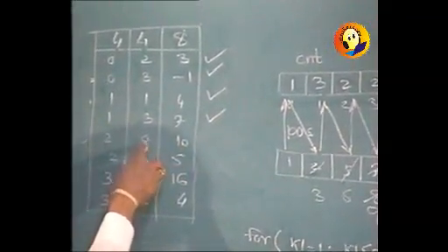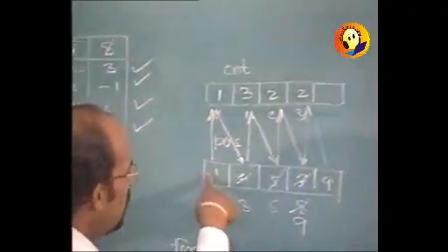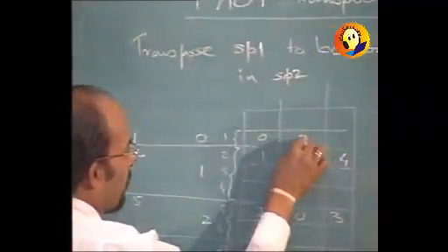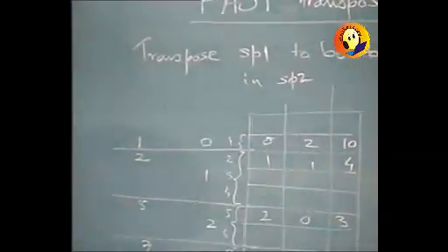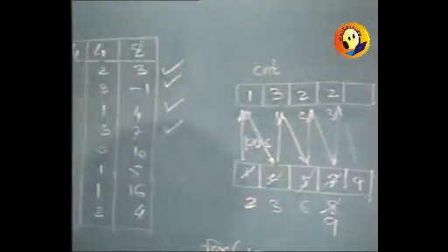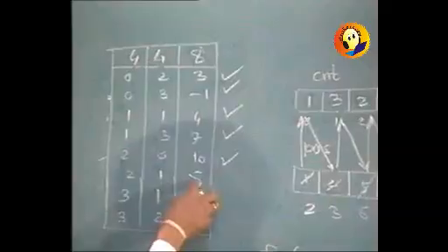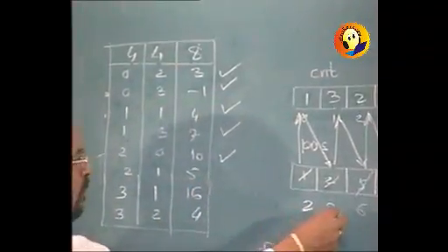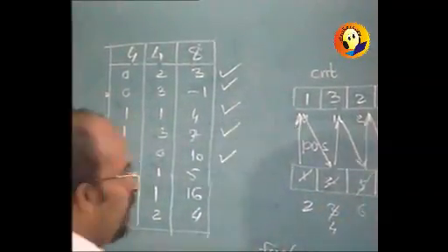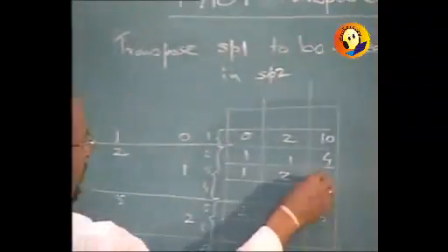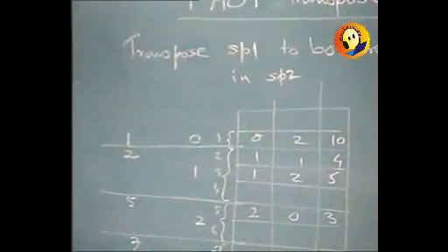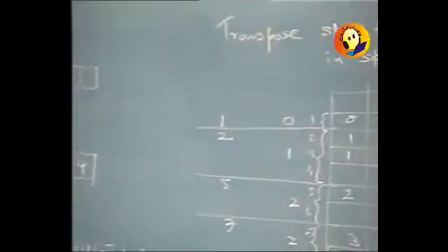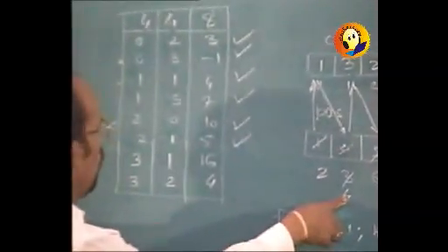It will be written as 0, 2, 10 at position 1. 2, 1, 5 at position 3, 1, 2, 5. 3, 1, 16 at position 4, 1, 3, 16.